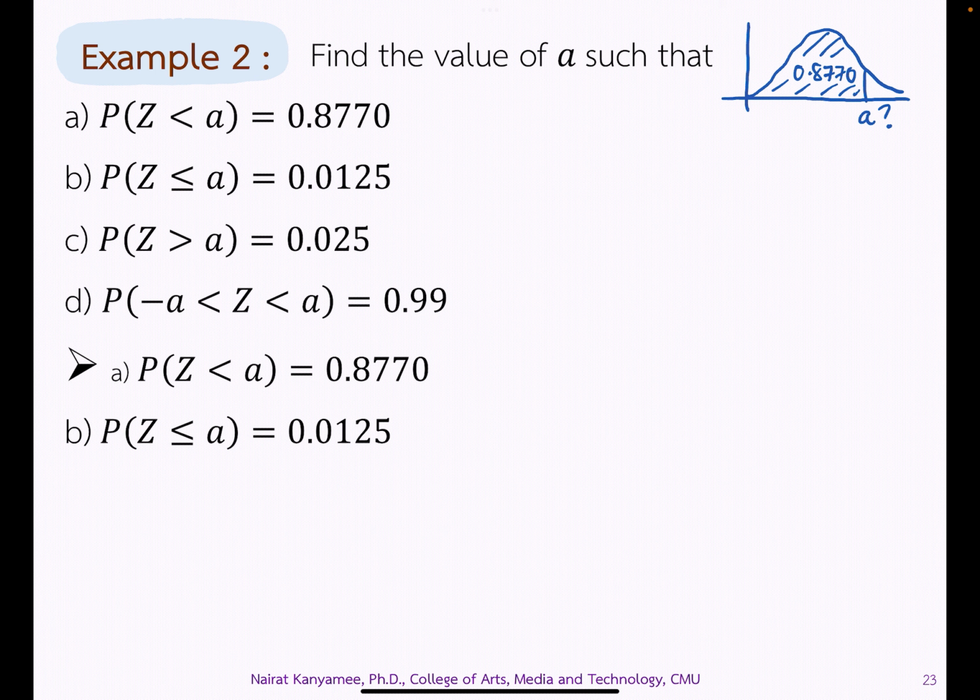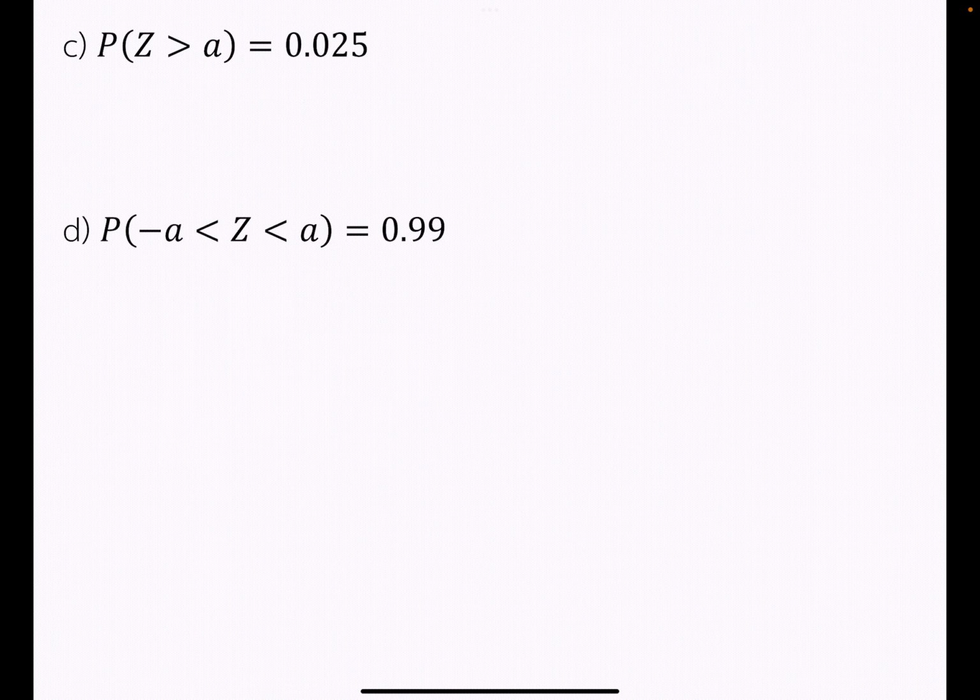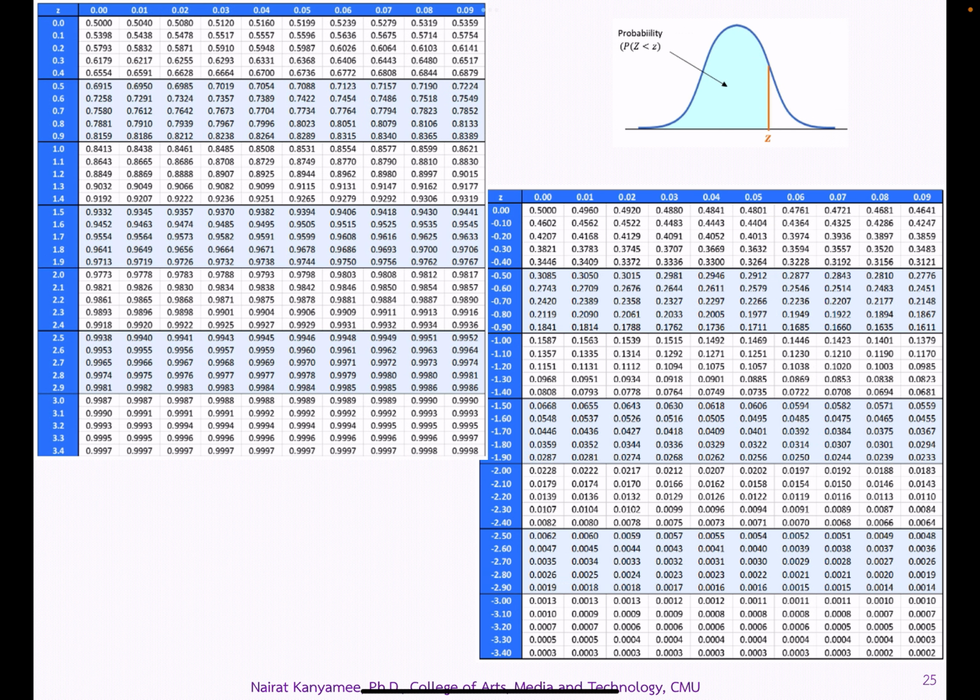All right, so we look in the table. Do we have the table here? 0.8770. So you look inside the table.